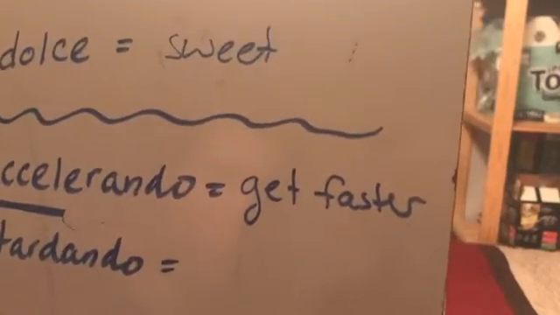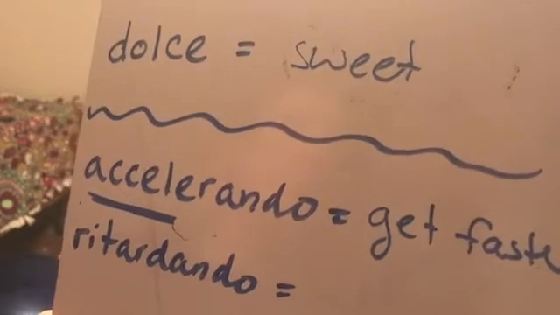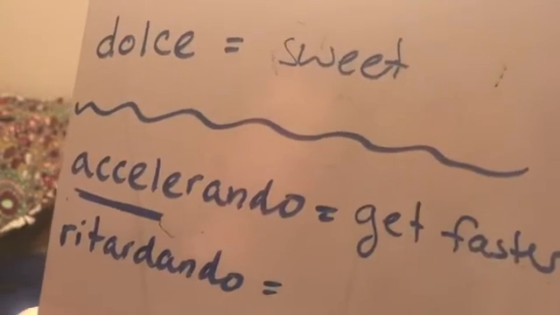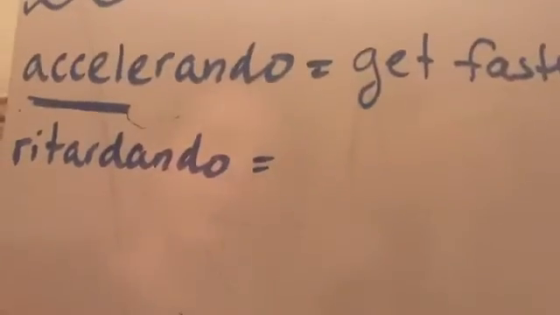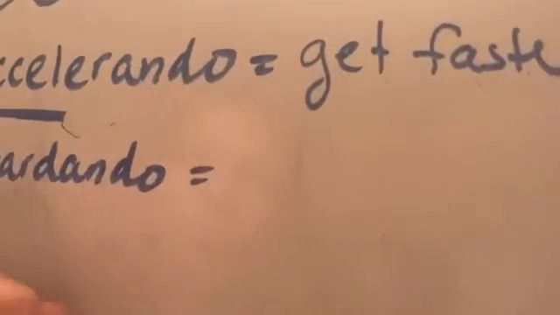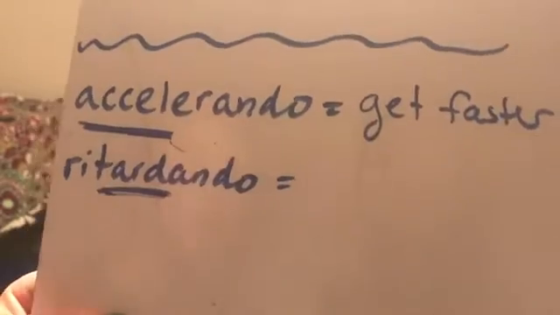And again, we can't really assign this a specific tempo marking because you are starting at one speed and getting faster to another speed. And on the contrary, we have ritardando. If you are tardy to class or school, you are late.